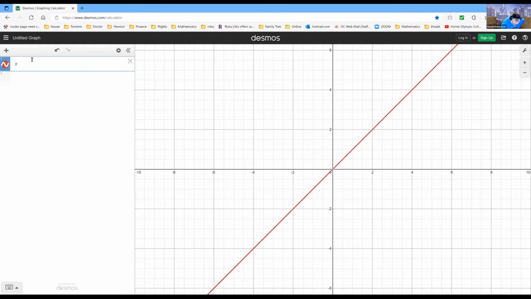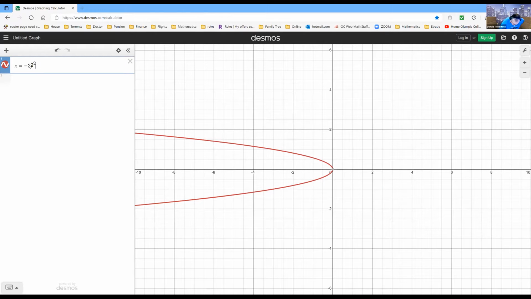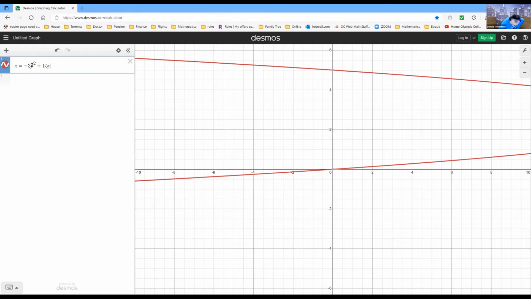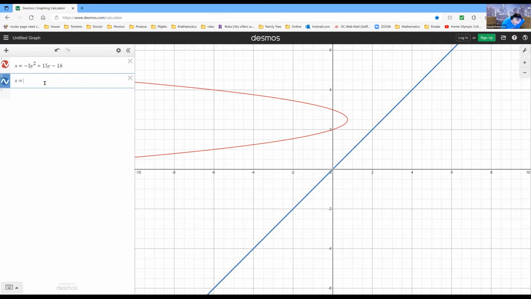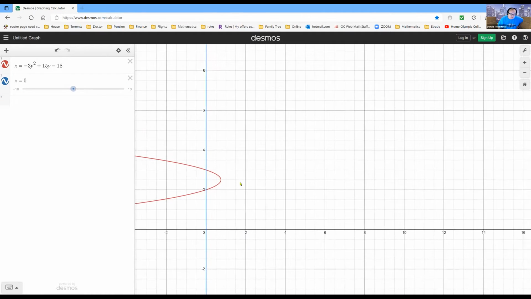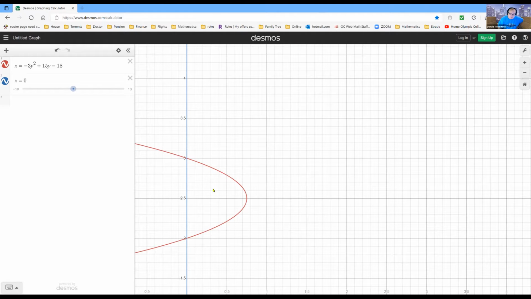If you type in x equals -3y squared plus 15y take away 18. Yep, backward C. The other one is x equals 0, but we should all realize that's just the y-axis. And bring this along and zoom in a little bit. And we're basically talking about this shape here.